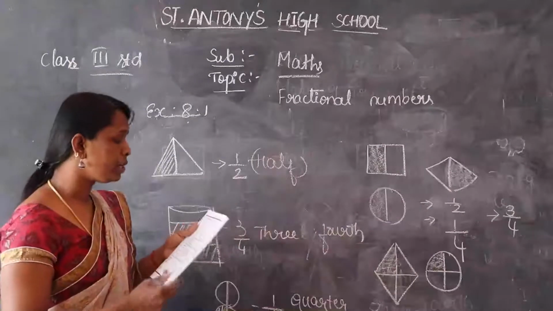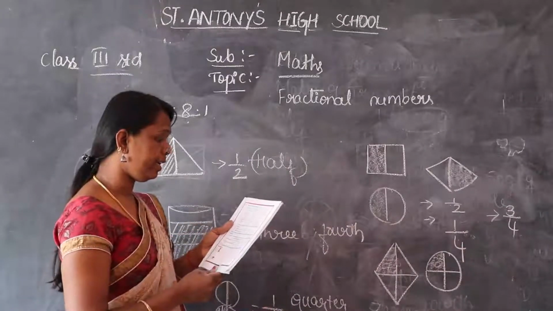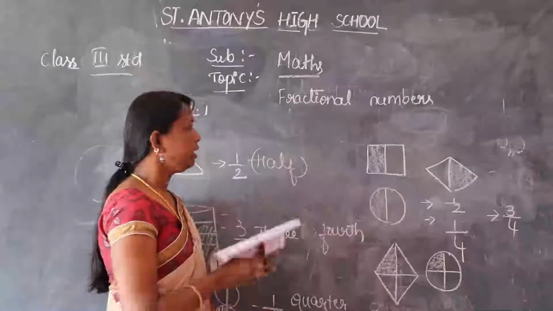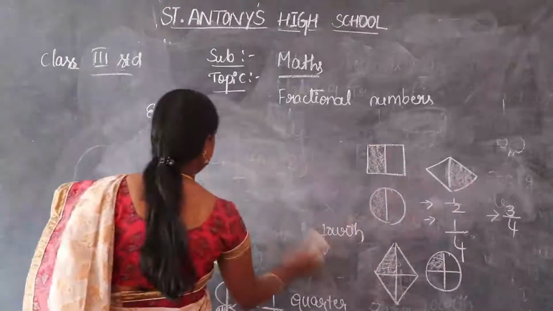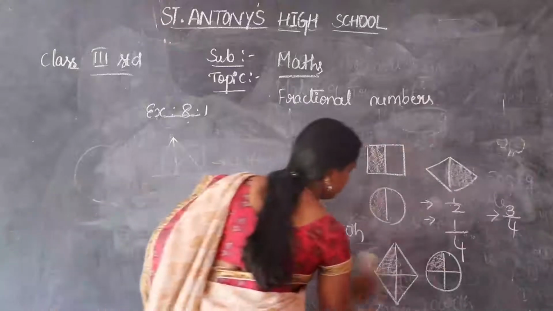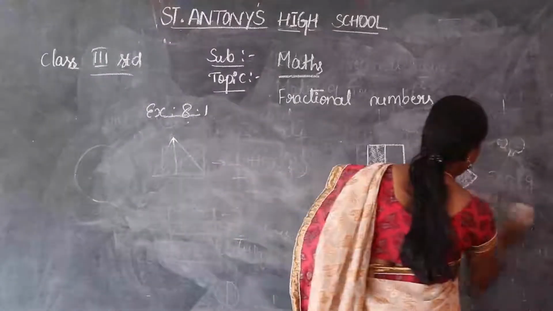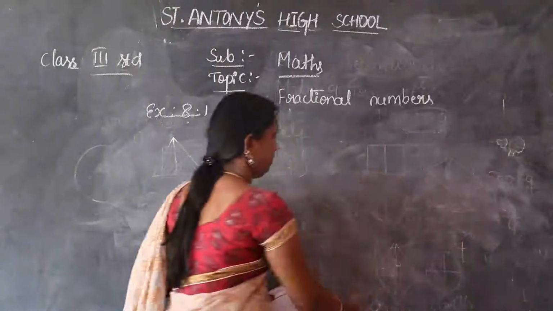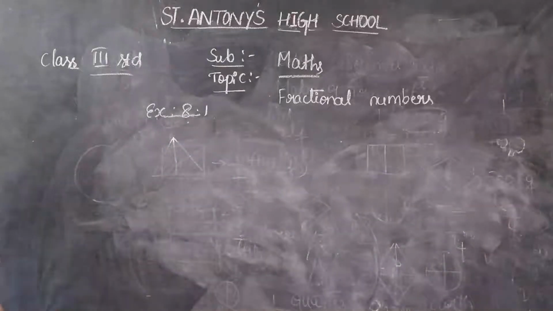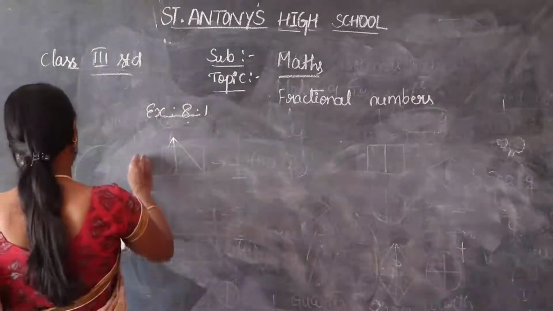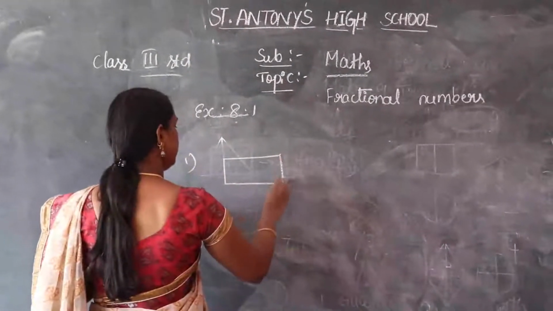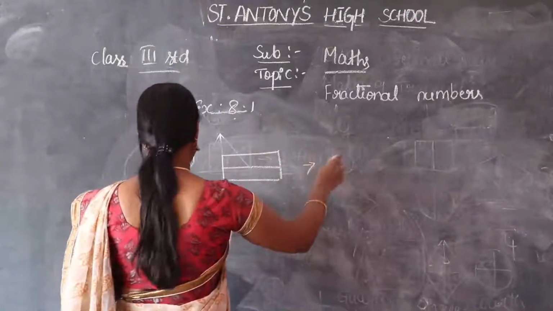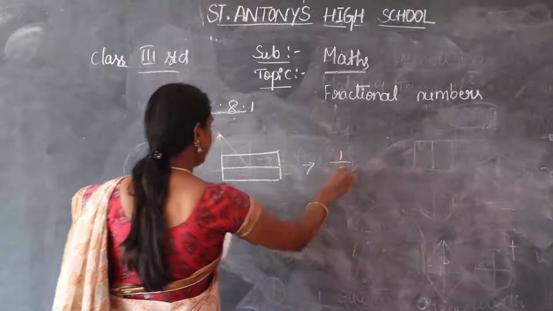Next, shade the given picture as directed. Okay. First one, first figure, shade this, they are directed as half.